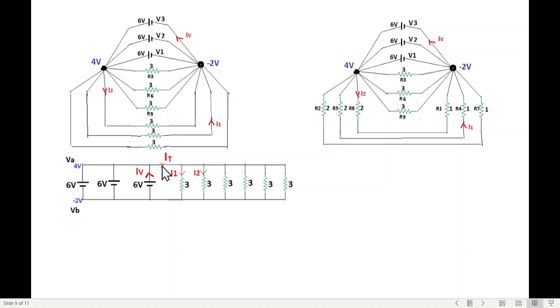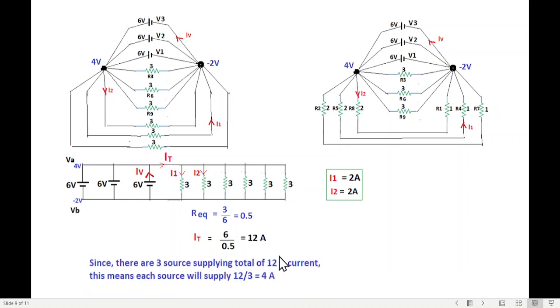For that we have to find the total current, and for that we have to find the total equivalent resistance. This we had already found. R equivalent, all these in parallel, will give us 0.5, and so I total will be 6 volt divided by 0.5, 12 ampere. So 12 ampere is the total current at this point.